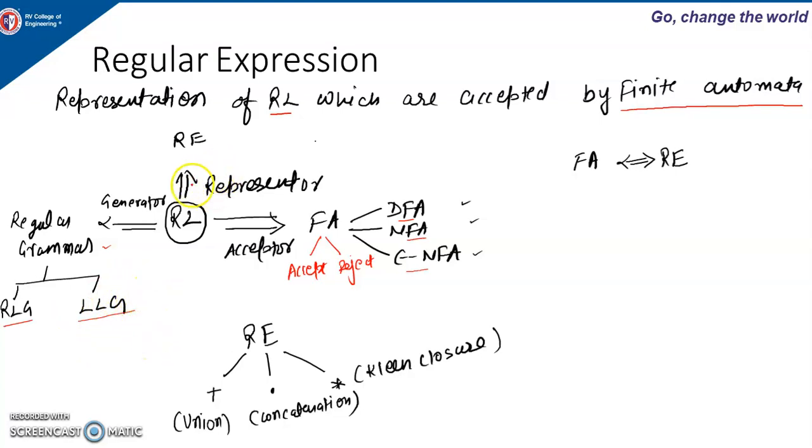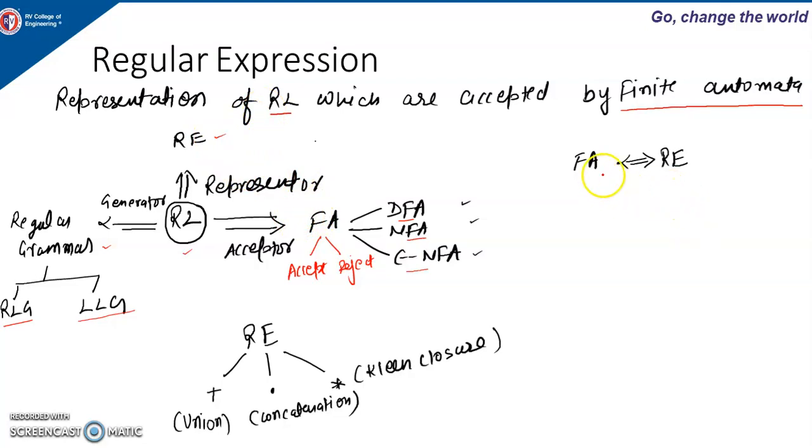Now what is representator? Regular expression is a representator for a regular language. If we take any language that is accepted by finite automata, that will always be a regular language. So if there is a language that is accepted by finite automata, then it can also be represented by a regular expression.